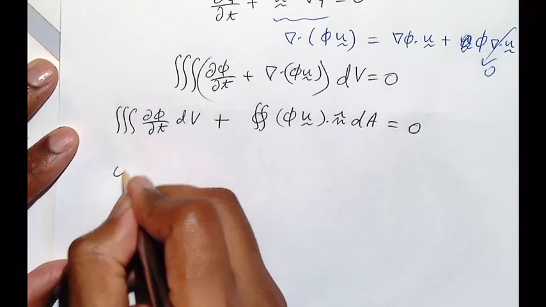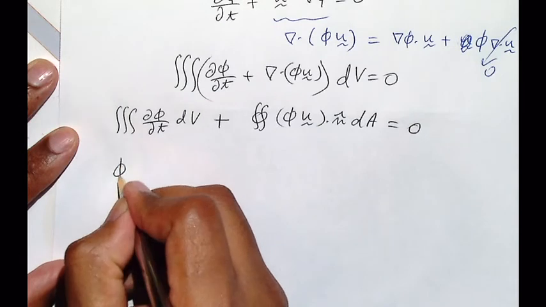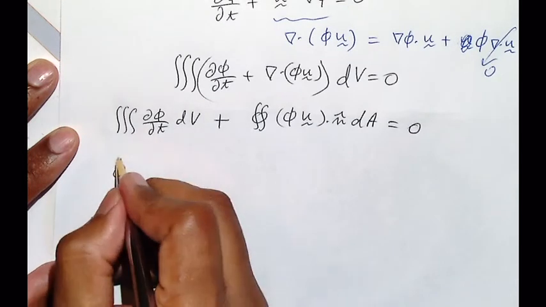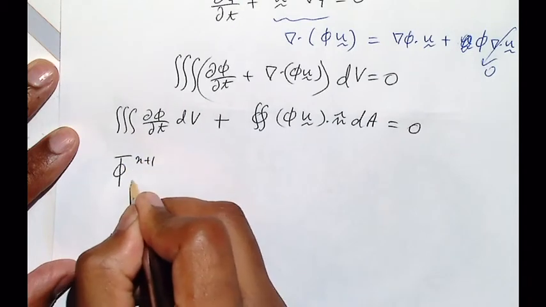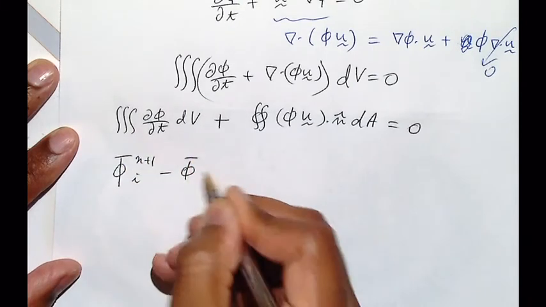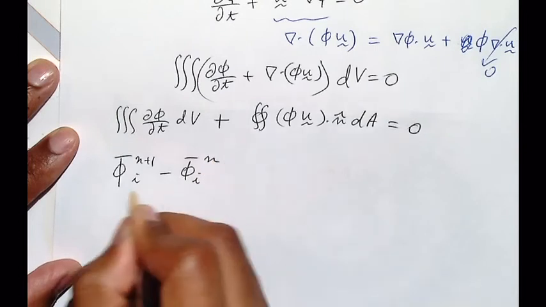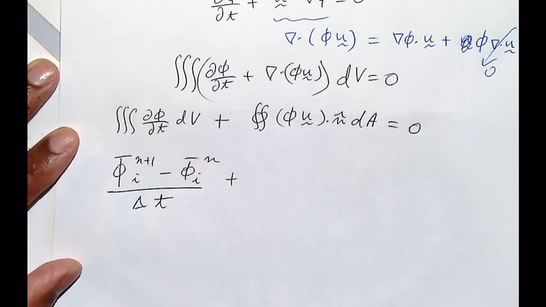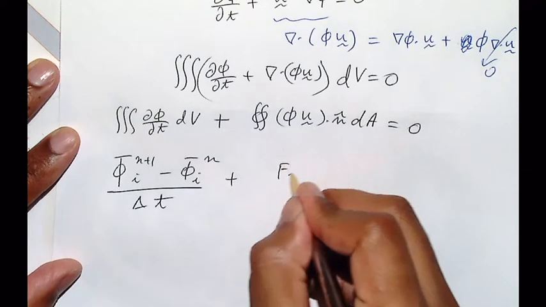Phi I n plus 1, so phi I n plus 1 minus phi I n, plus flux east minus flux west.